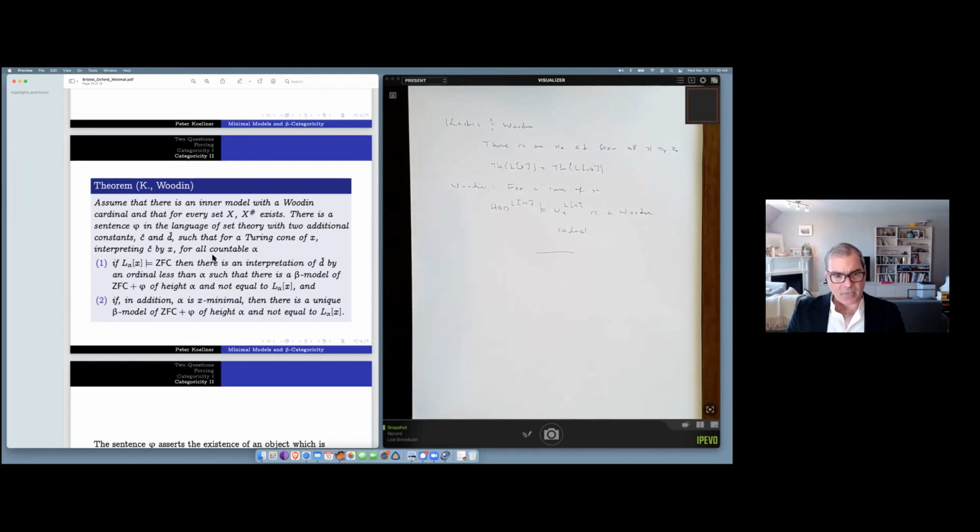So the way you end up picking these branches is by looking for these things called Q-structures, which is where you see the failure of the Woodinness of the core model.